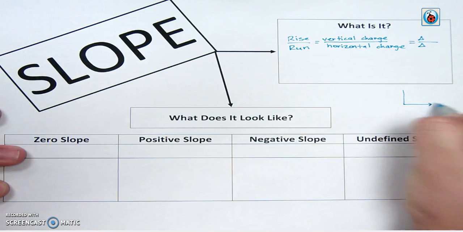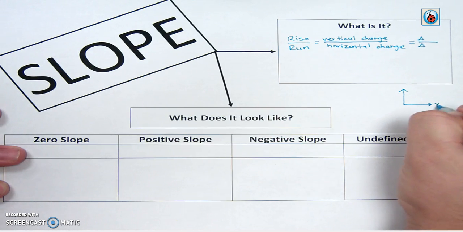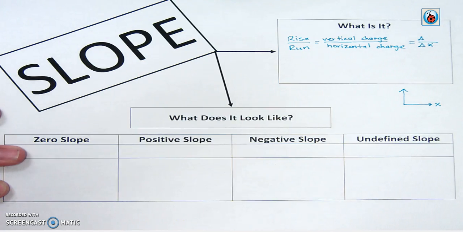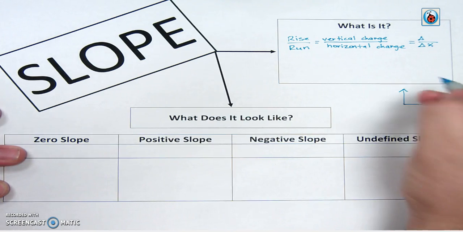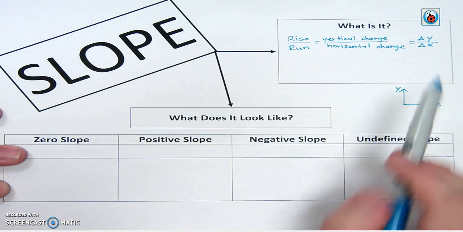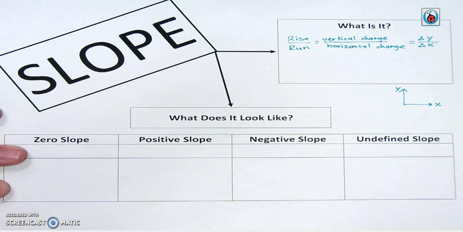If we think about a graph, the horizontal is the x-axis, the left to right. So the horizontal change could really be the change in x, which we would say delta x, and the y is the vertical. So it could also be written as delta y over delta x, or the change in y over the change in x, which is something that we've talked about many times before.